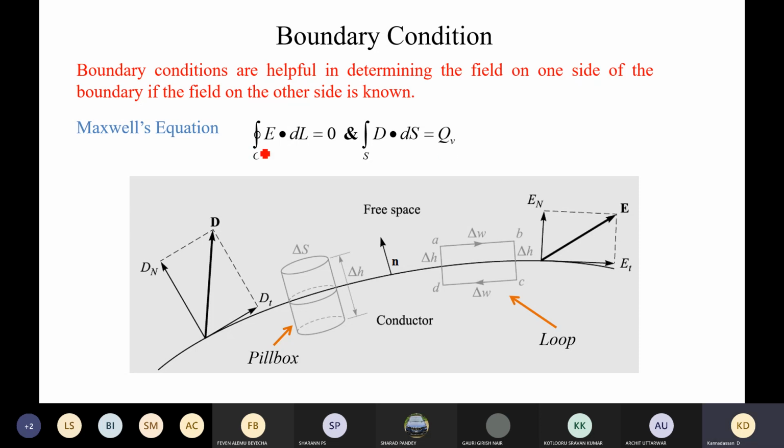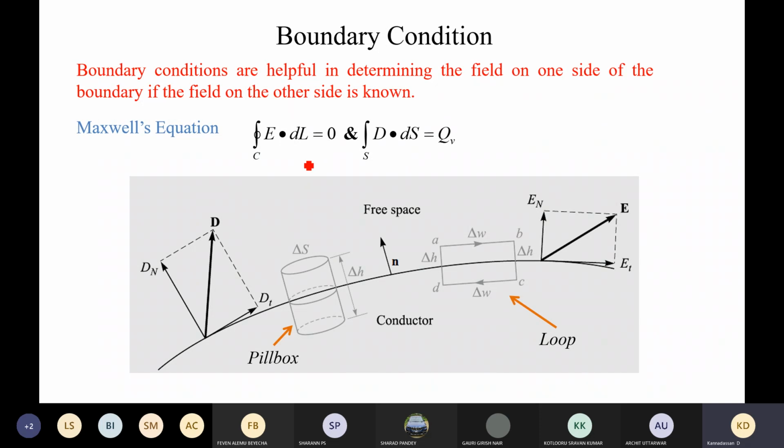The other one is the basic Coulomb's law itself. When you integrate the electric field over a closed loop, you will always get 0. This is because the electric field is always of converging or diverging nature. There is no circulation, it is not following any closed loop concept. So thereby it will always be 0.